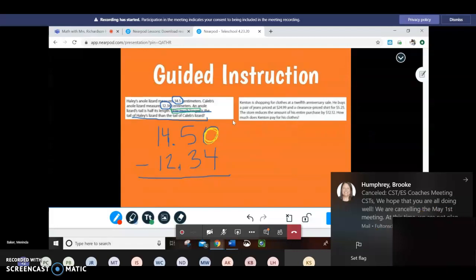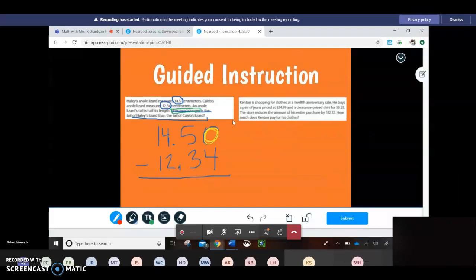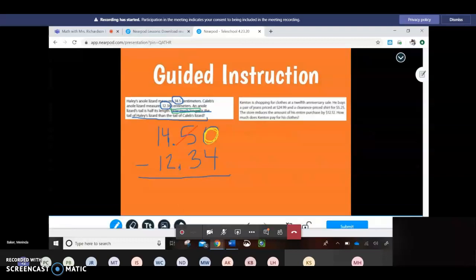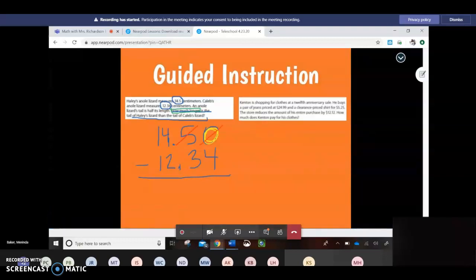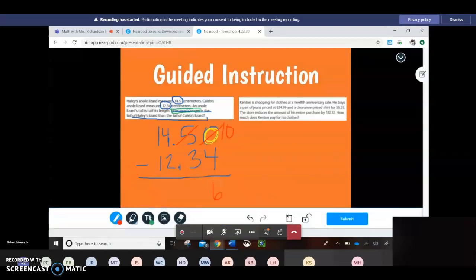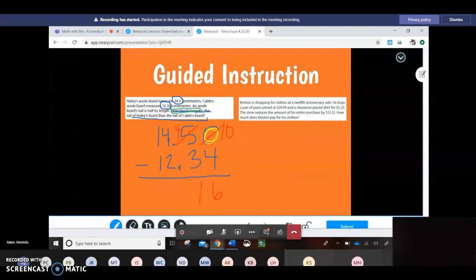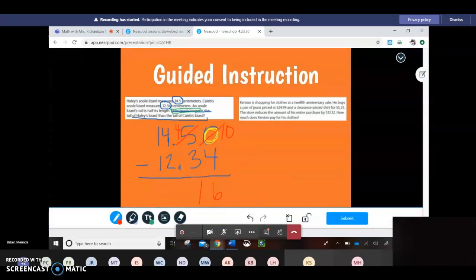So 0 take away 4, I can't do that. So I need to borrow 1 from my 5, and I'm going to bring that 1 over here with the 0. So now I have 10 take away 4, which equals 6. Only 4 is left after I borrow that 1. So 4 take away 3 equals 1. And then 14 take away 12 equals 2.